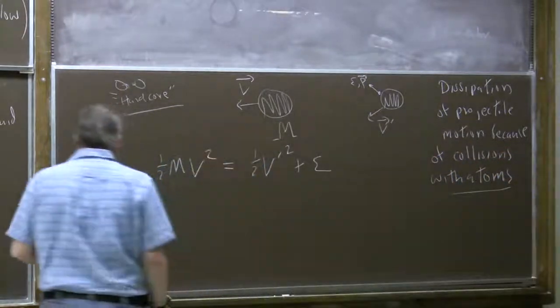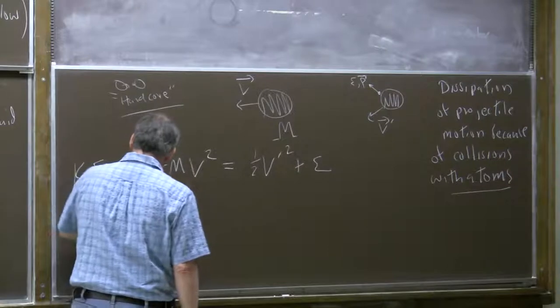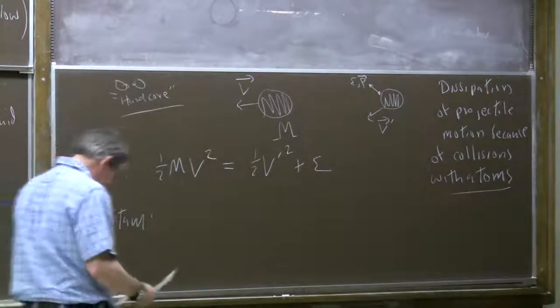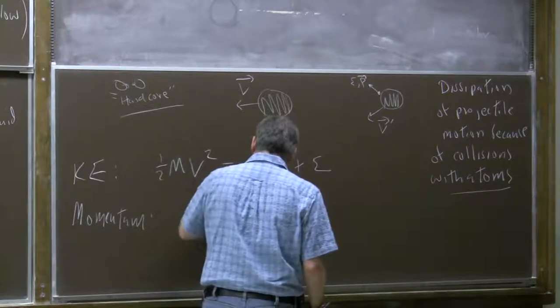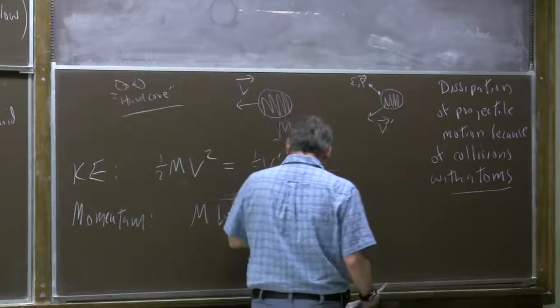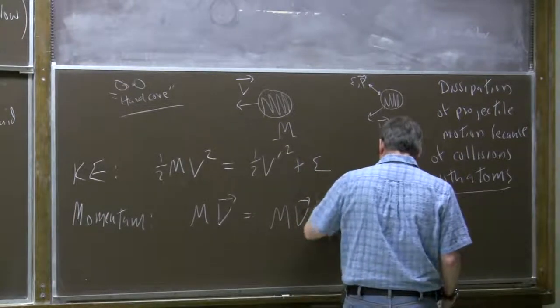And we also have momentum conservation, so that the initial momentum of the projectile is equal to its final momentum plus the momentum of the atom.